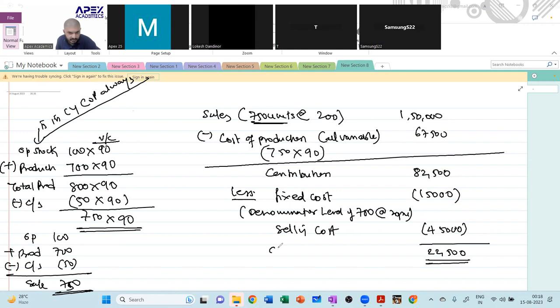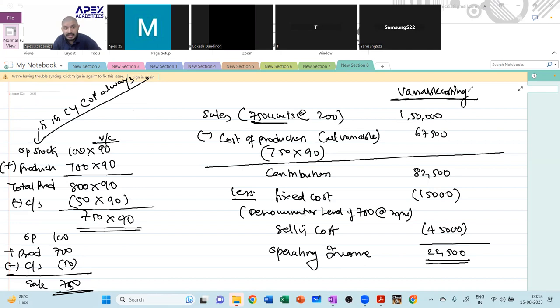What is this? This is your operating income. What is this, ladies and gentlemen? This right here is your operating income. This was under variable costing. Please understand, this was under what? Variable costing.